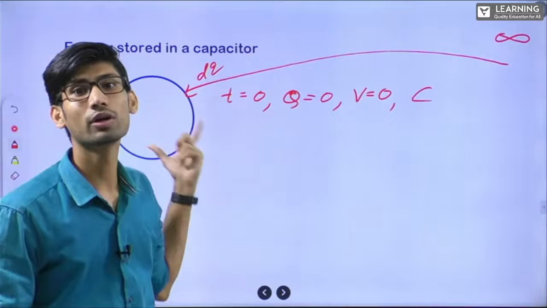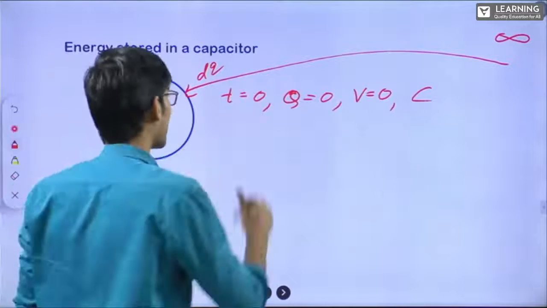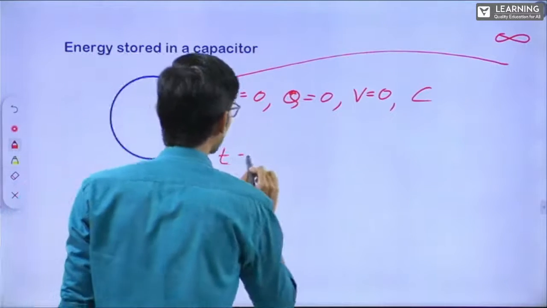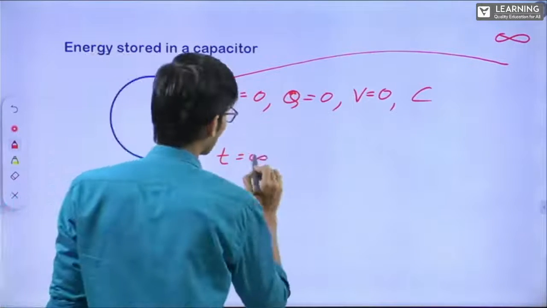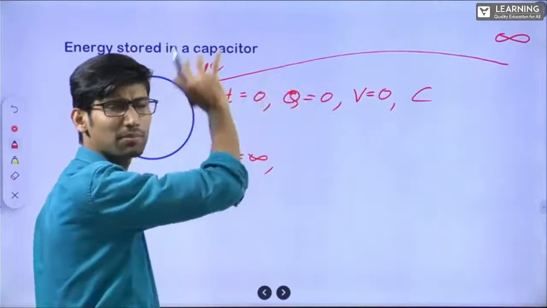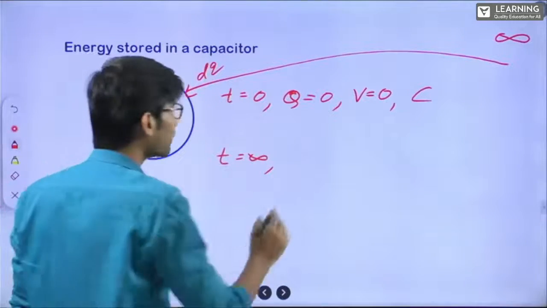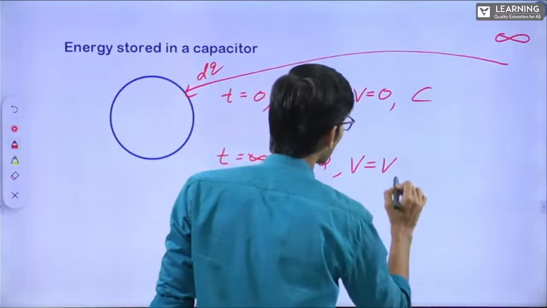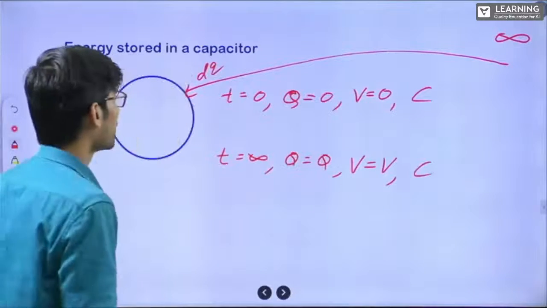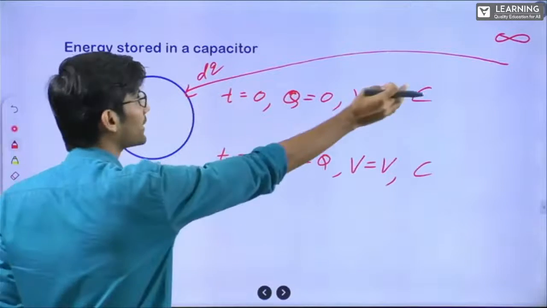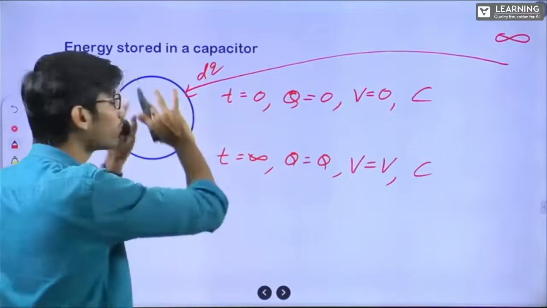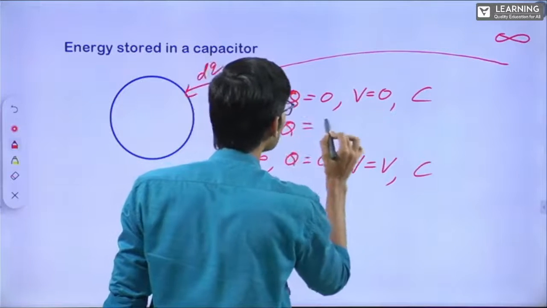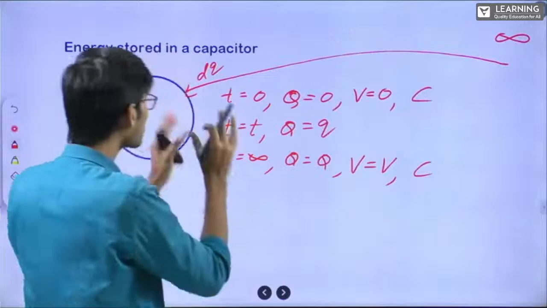It does not depend on Q and V. Capacitance will be C. Next, at t equal to infinity, when it is completely charged, let's say after a lot of time it is completely charged, okay? At t equal to infinity, the charge will be Q, potential will be V, capacitance will be C only. In the middle somewhere, when let's say some charge we have brought, it is not fully charged. In the middle at some time t, this charge will be some q, small q. Slowly the charge is increasing.